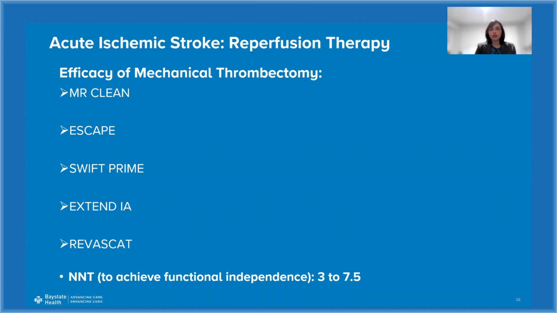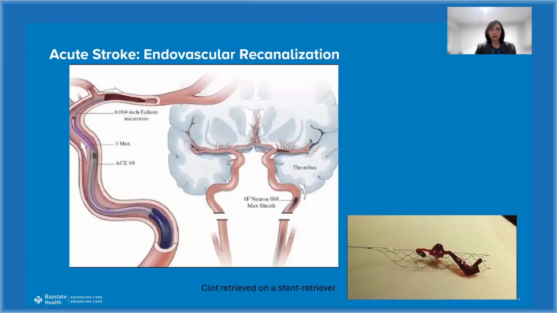So this is a significant improvement from what we were doing in the 1950s, I would say. This again gives you a pictorial which tells you how a thrombus, or a clot, is withdrawn through the blood vessel. And on this side, you can see a clot entangled in the stent retriever.